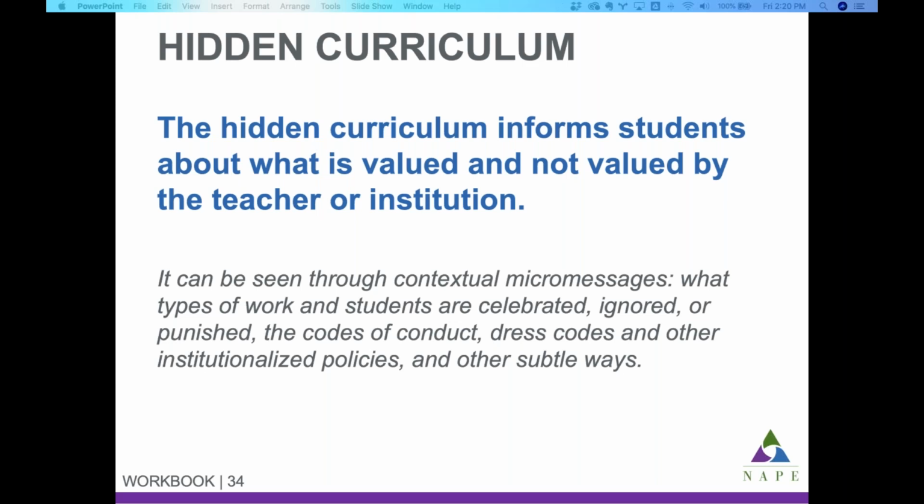And so again, it's not just the curriculum, it's looking at codes of conduct, it's looking at dress codes and other institutional policies. So this is something that we've seen in the news a lot, just around Black people's hair, right? The fact that we're having to pass laws to say that natural hair is okay is remarkable to me that it's not okay, right?